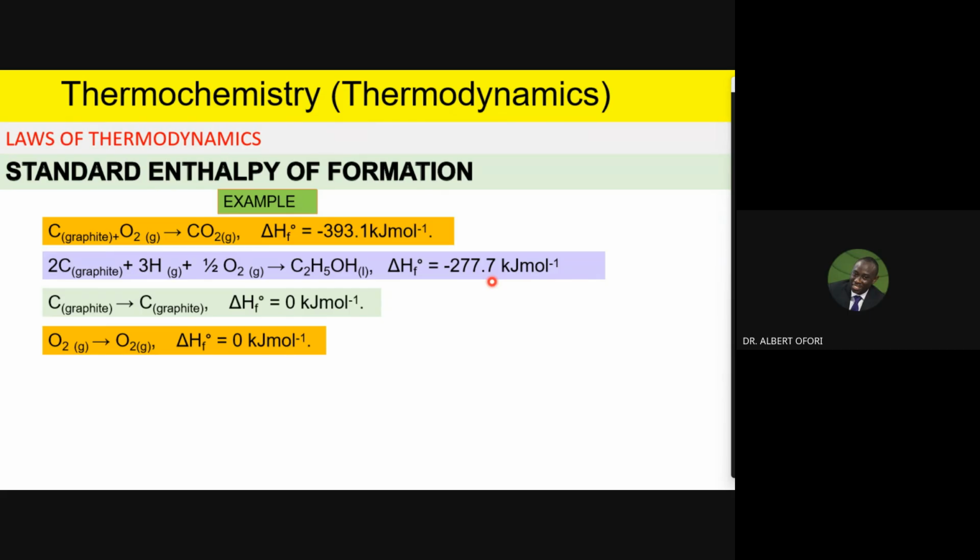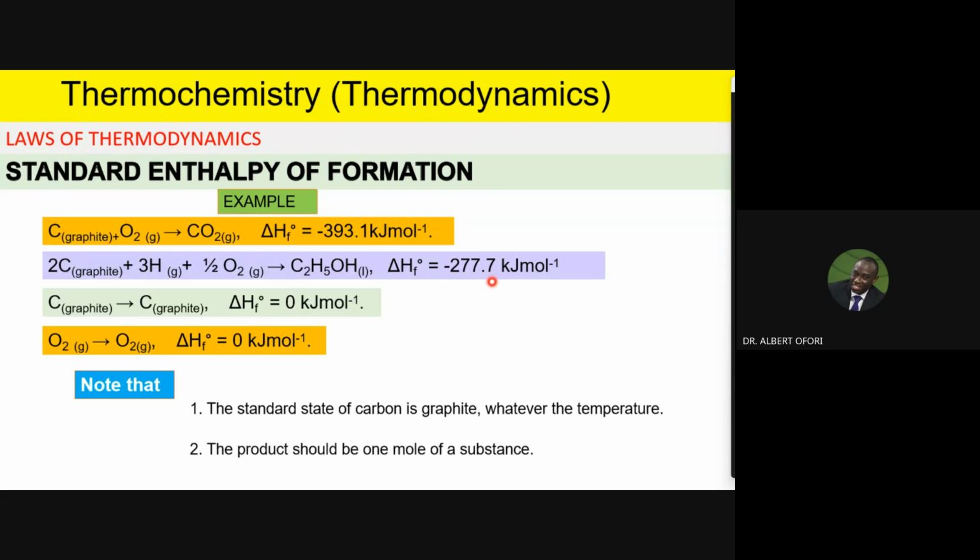So for oxygen, gases, and those things, the same applies. Now, what are we deriving here? Number 1, we see the standard state for carbon, say graphite. A change in temperature is going to affect the product. In that case, the enthalpy of formation is going to give you 1.